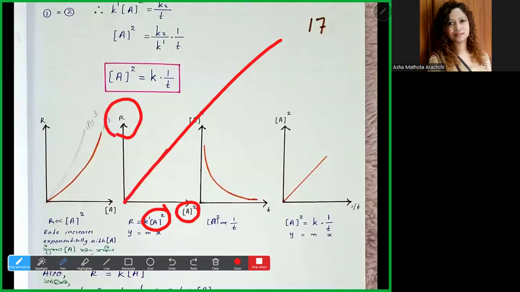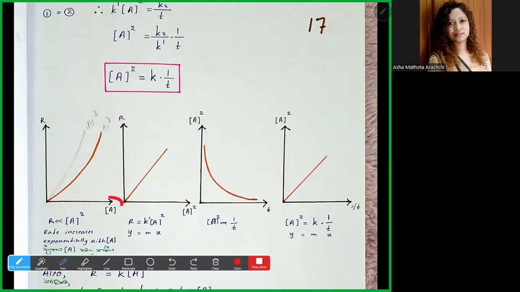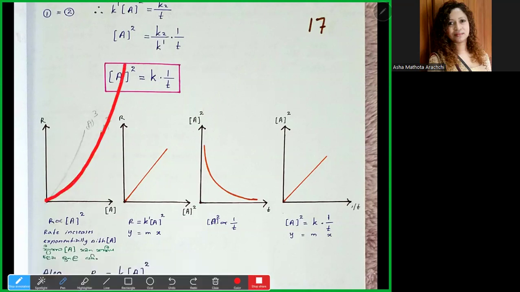If we go with a, not a to the power 2, it's going to increase, but that's not linear. To be linear, we have to go with the square value. This is an exponential increase, meaning this shape, but it is not a straight line. To be a straight line, we have to go with a to the power 2, but here I'm just getting a. Is that clear? Understood?